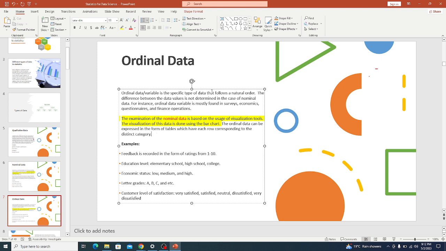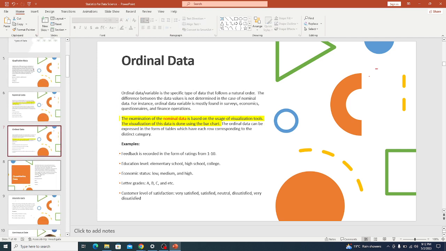But basically, take note of this: it follows a natural order. So that's all about ordinal data. And so you don't get confused, ordinal, order, you can use that to help you not forget.